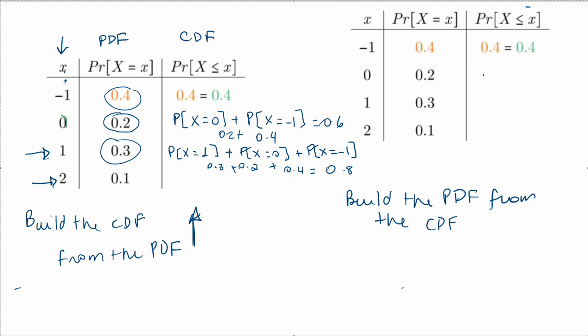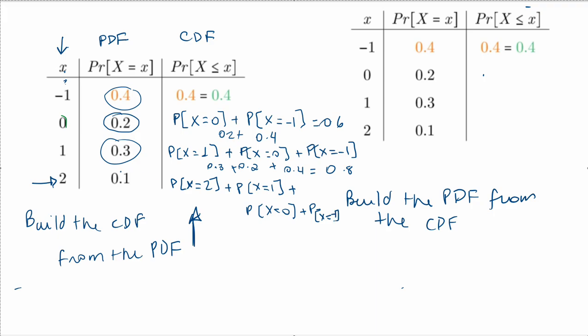Now let's move on to the final row. The final row is this. What's the probability of a number being less or equal than 2? Well, less or equal than 2 is being equal to 2, and all the points before. So the probability of x being equal to 1, the probability of x being equal to 0, the probability of x being equal to minus 1, right?